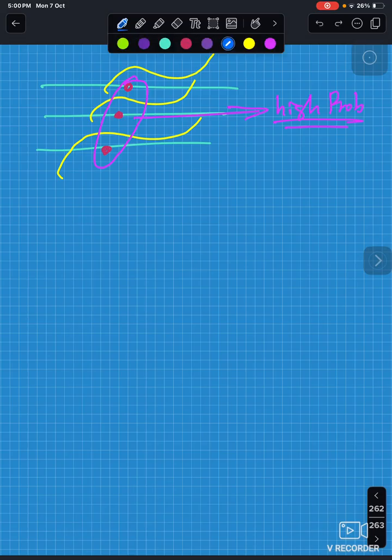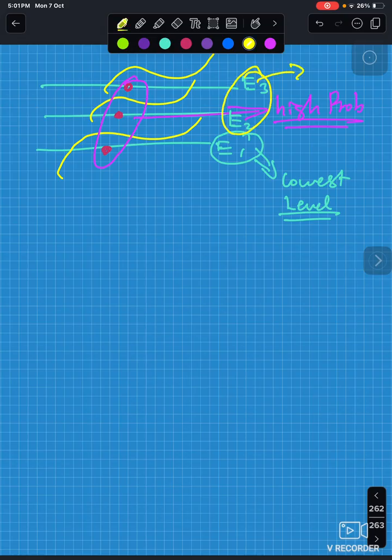One more thing, energy levels are discrete: E1, E2, E3. E1 is the lowest level, also known as the ground level, and the others are excited levels.